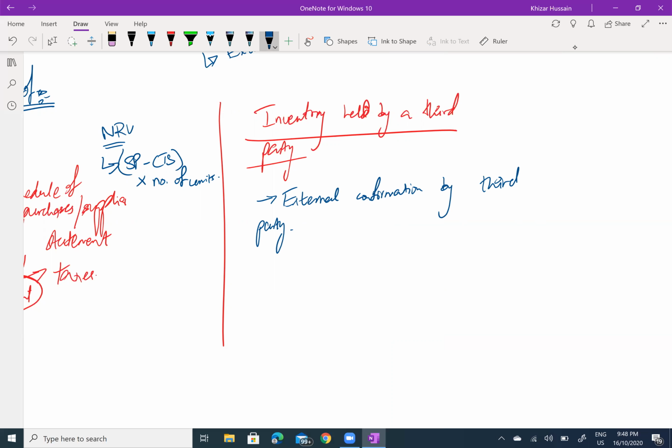These are just procedures, guys. These are not what you'll achieve from it. External confirmation by third party is a procedure. What do you think you'll achieve through it? Or what would be the extension of this procedure? Will you just receive the external confirmation and file it?